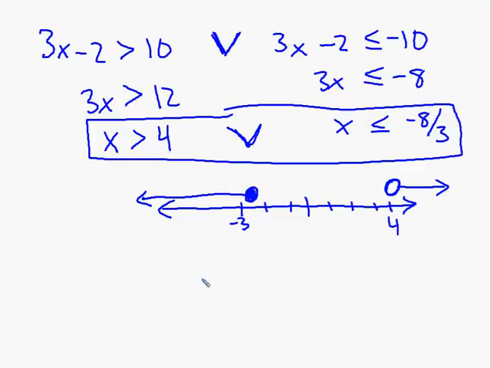You should calculate what's negative 8 divided by 3. Negative 2.7. So it's between negative 2 and negative 3, which is why it's just to the right of the negative 3. Because this is between these two. Oh, thank you. All right.